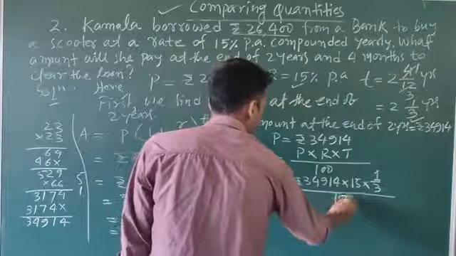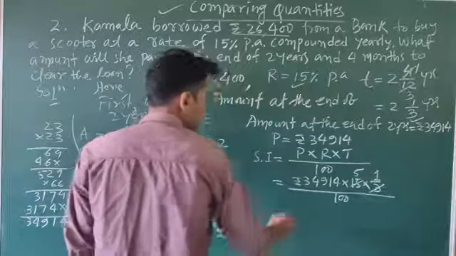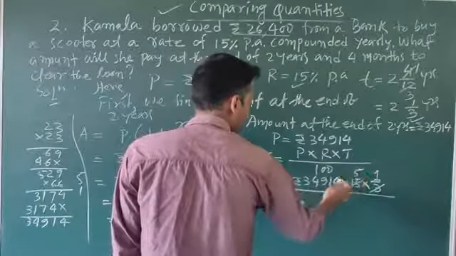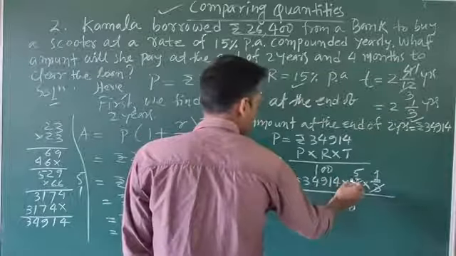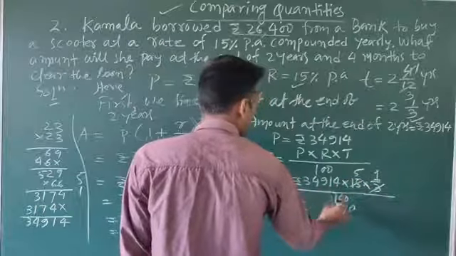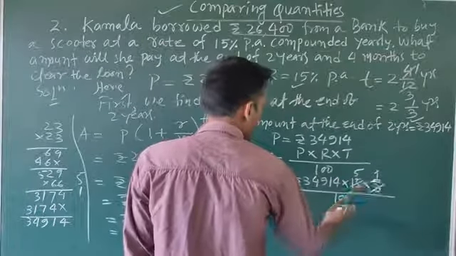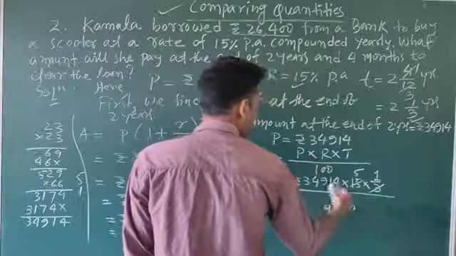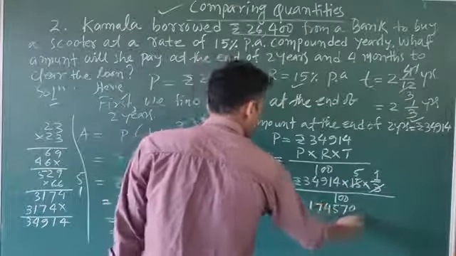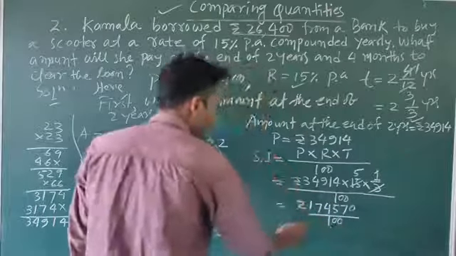Cancel with 100: 3 fives are 15. Now multiply: 5 into 4 is 20, 2 in hand; 5 ones are 5 plus 2 is 7; 5 nines are 45, 4 in hand; 5 fours are 20 plus 4 is 24, 2 in hand; 5 threes are 15 plus 2 is 17. Now divide by 100.